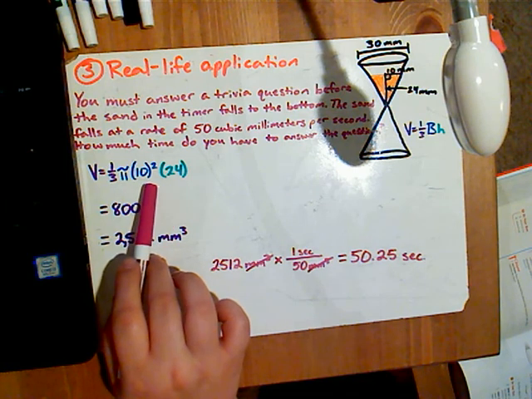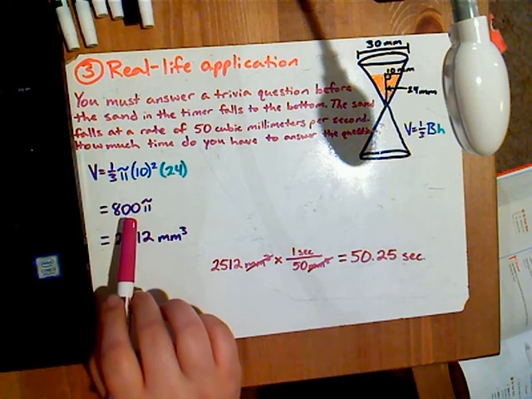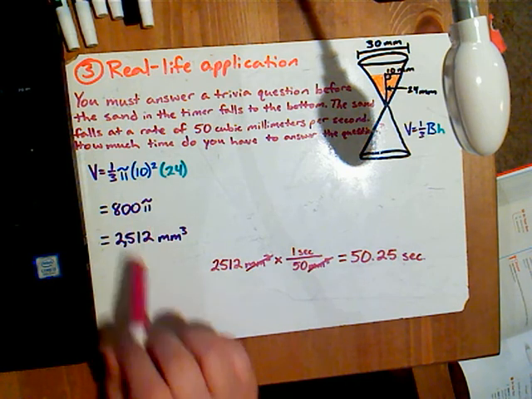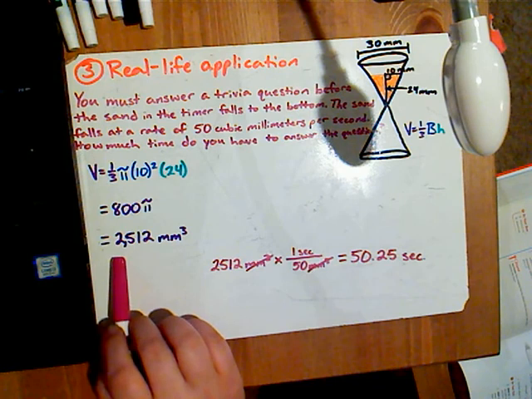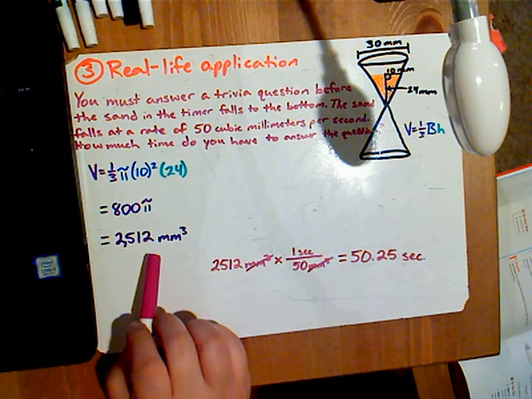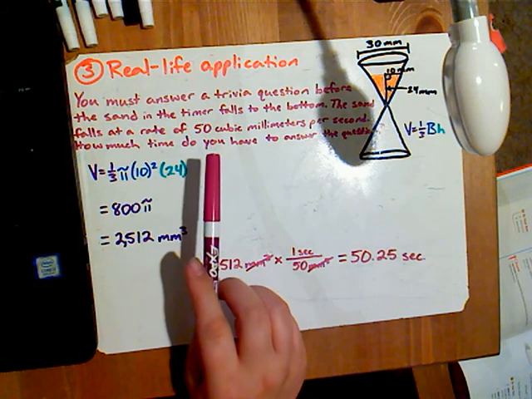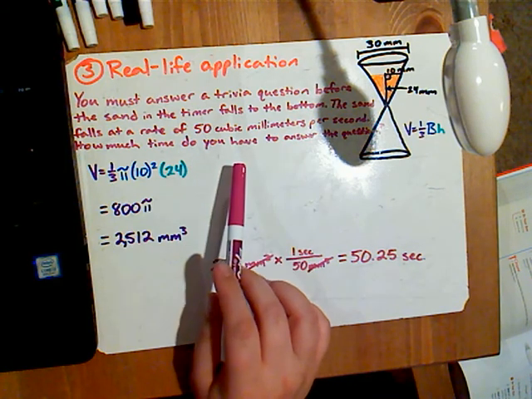So 10 squared times 24, and divide that by 3, gives us 800 pi. So 800 times 3.14 gives us a volume of 2,512 millimeters cubed.